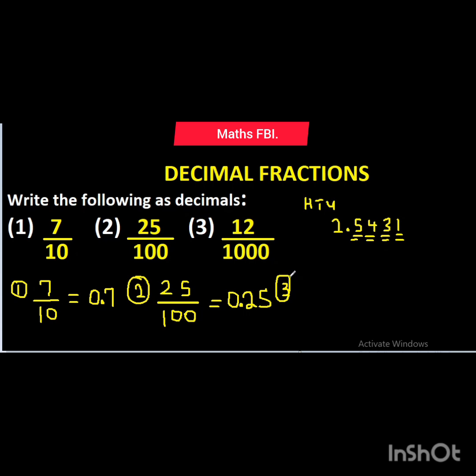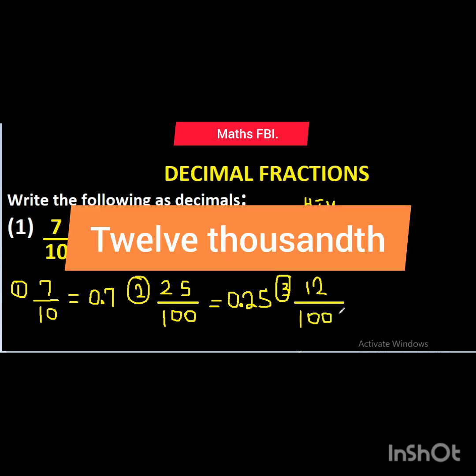Question number 3 says 12 over 1,000, which is 12 thousandths, meaning 12 divided by 1,000.